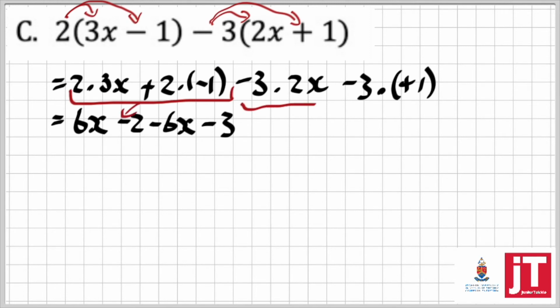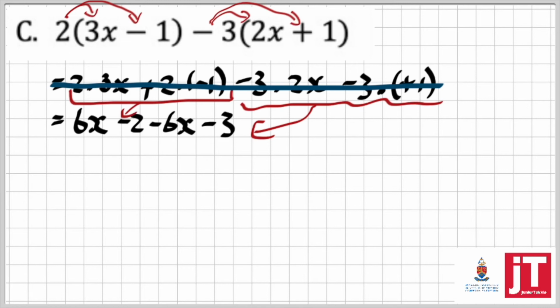And then for the back one, negative 6x minus 3. Again, you can completely skip this step. Your teacher's not going to mark it wrong if you don't put that step in. I like to put it in the video just so you see what I'm doing.